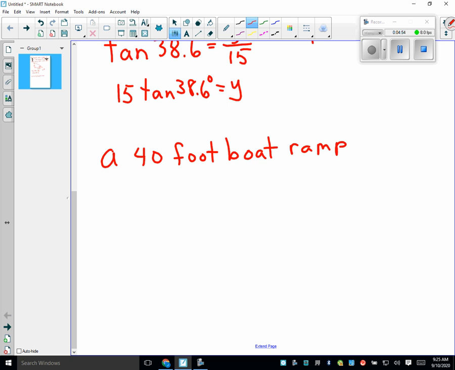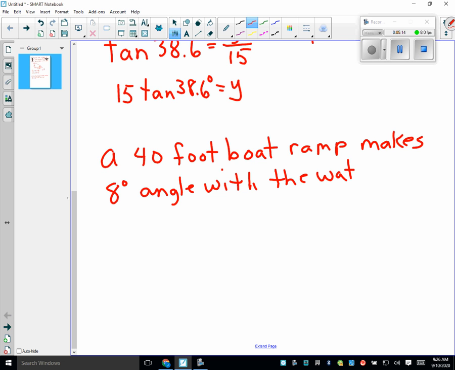A 40-foot boat ramp makes an 8-degree angle with the water.